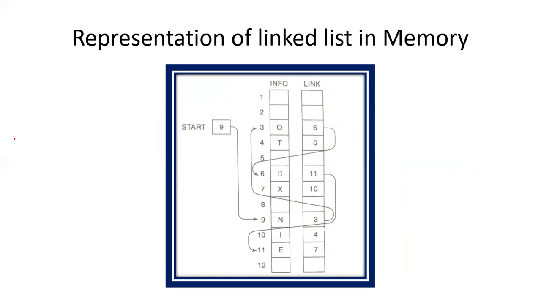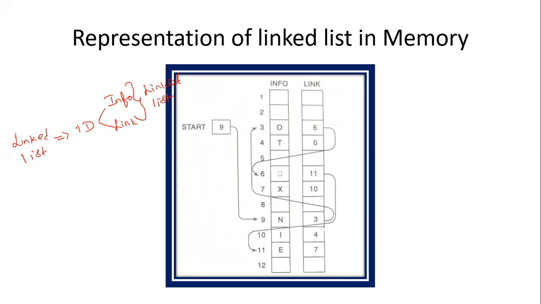To represent a linked list, we will be using single-dimensional arrays. How many arrays? 2 arrays. One array is used to store the information and the other array is used to store the link. These two combined form the linked list.